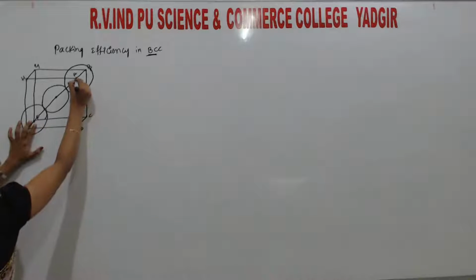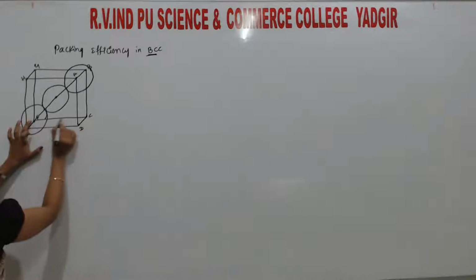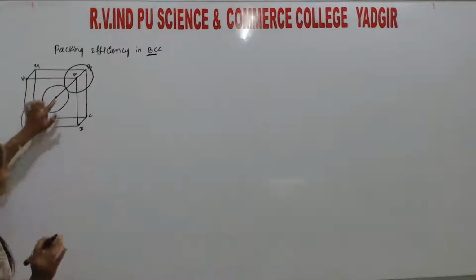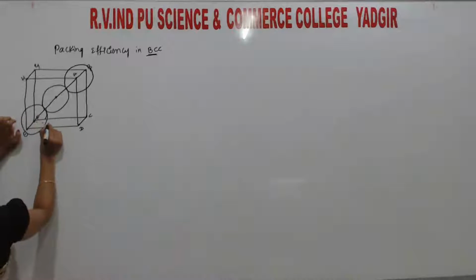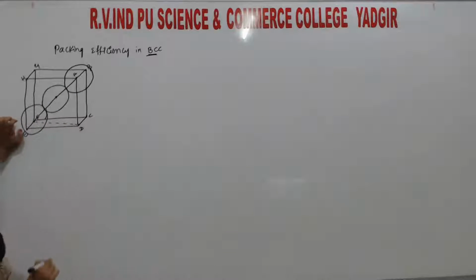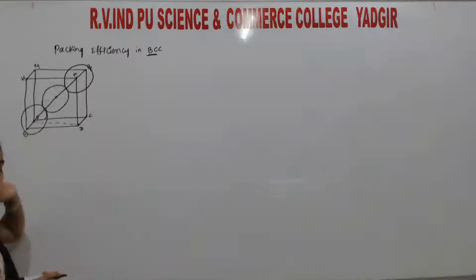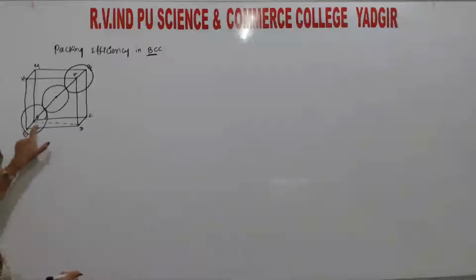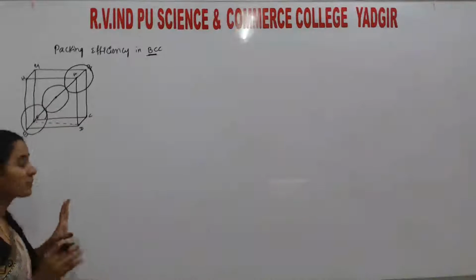We need to consider the triangle, from here to here, here to here. We need to join this. Then this is the triangle we need to consider. This is E, F, D, C, one of the faces of the cube.